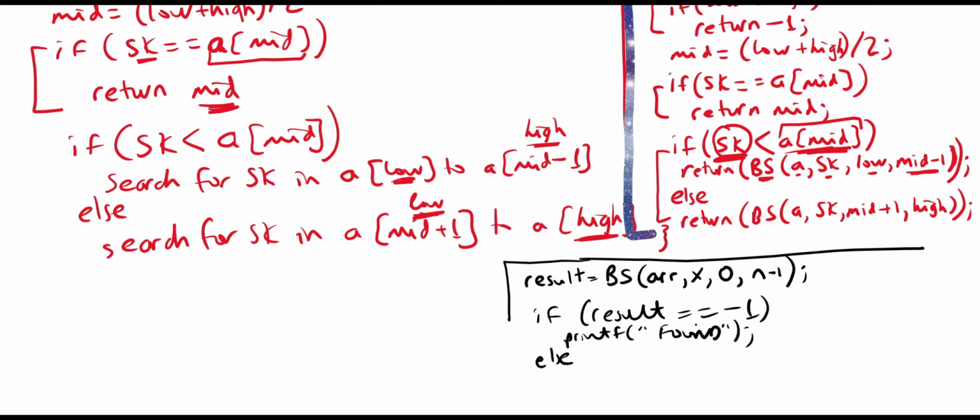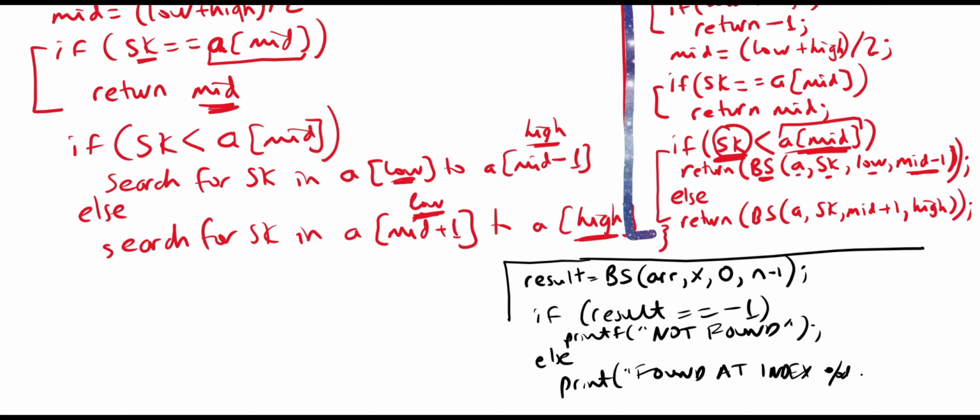I'm sorry, it is not found when it is -1, so we can say printf not found. And if it is not -1, we can say found at index, and what is that index? Result.